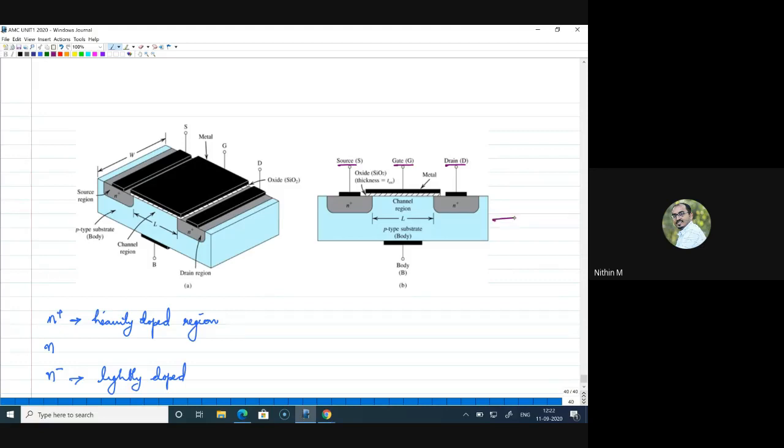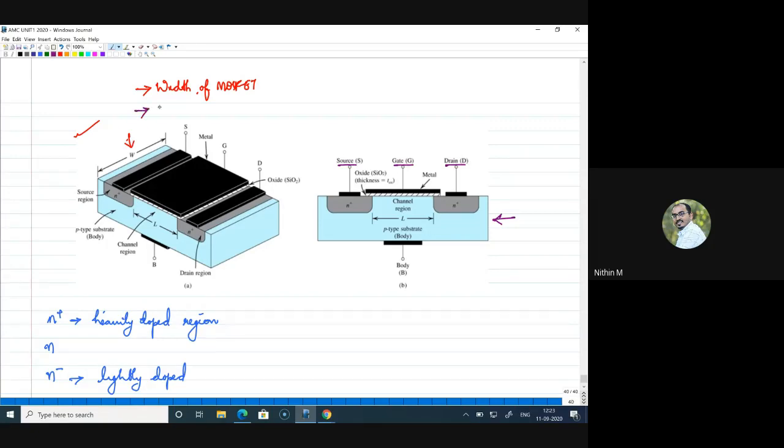So what you are seeing here is actually a cross-section view of MOSFET. On the left side, you will see the complete MOSFET, and you can see its various dimensions. Generally, there are 3 dimensions. One is the width of MOSFET, which is marked here.